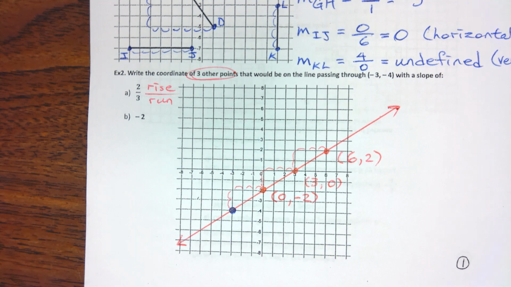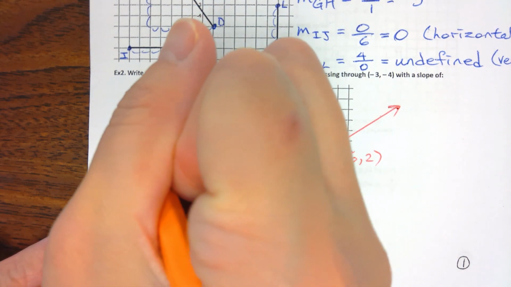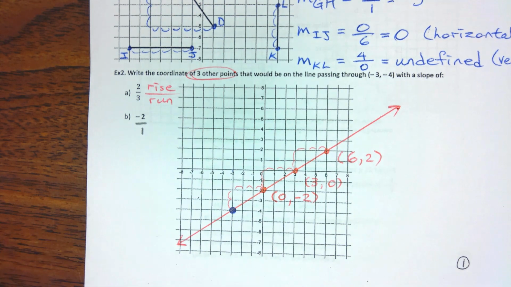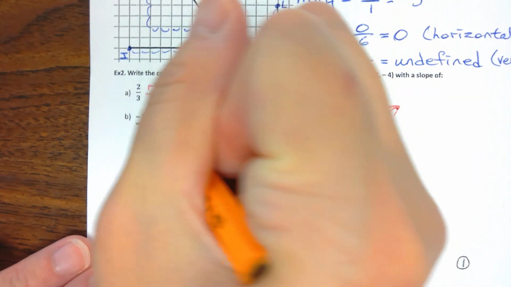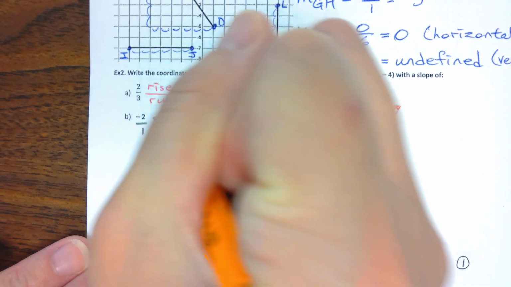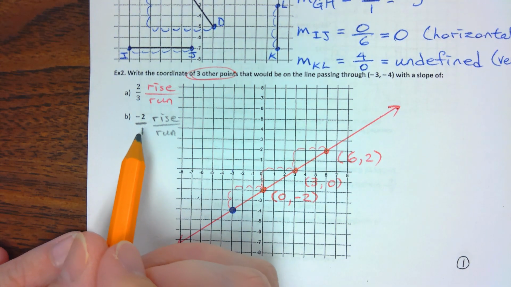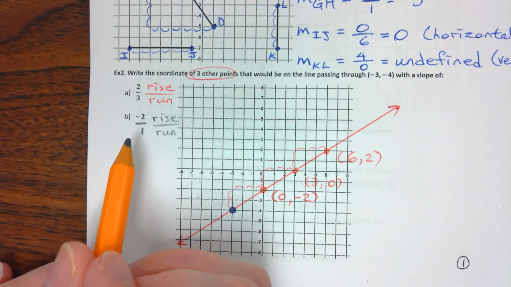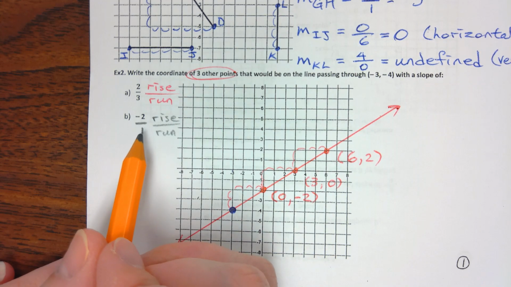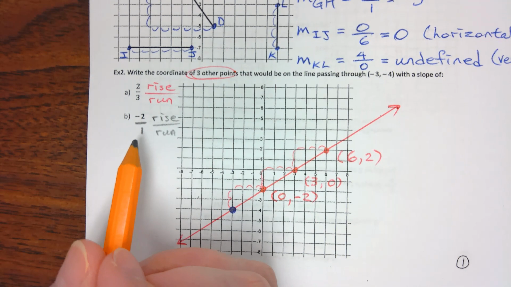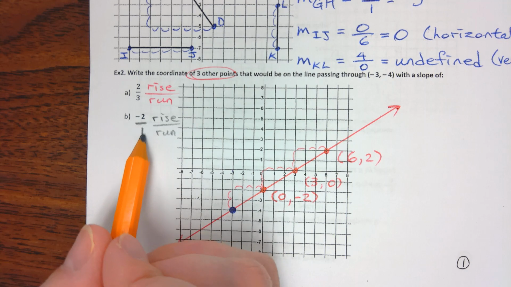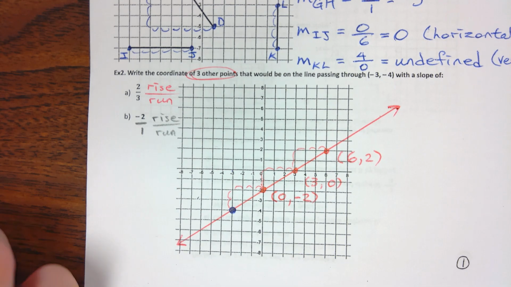Ooh. 1. That's right. -2, I can write it as -2/1. So my rise is -2, and my run is 1. Make a note of this. Whenever it's a whole number, your run is 1, not 0. Okay, you can always put a whole number over 1.